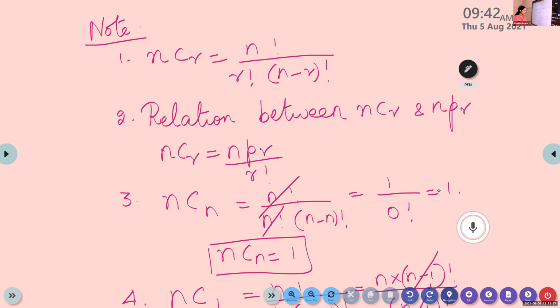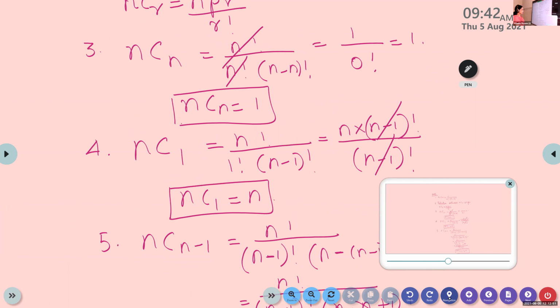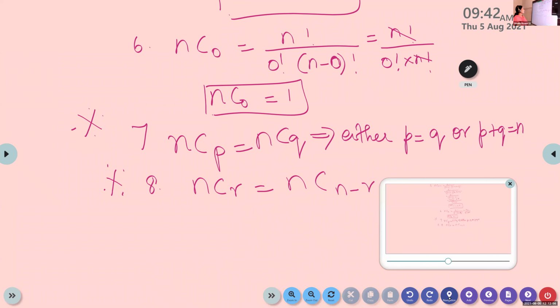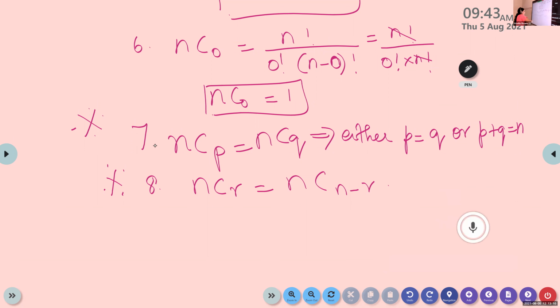The relation between nCr and nPr is nCr is equal to nPr by r factorial. nCn is 1. nC1 is n. nC(n minus 1) is n. nC0 is 1. Then nCp is equal to nCq means either p is equal to q or p plus q is equal to n. nCr is equal to nC(n minus r).